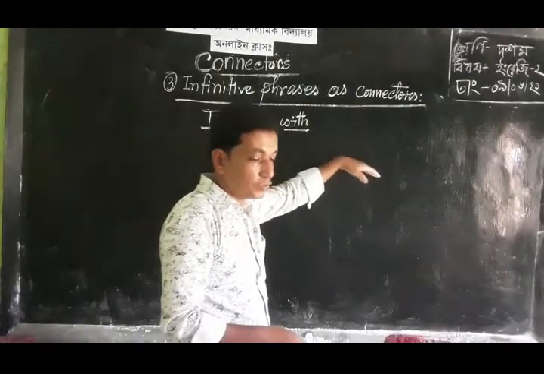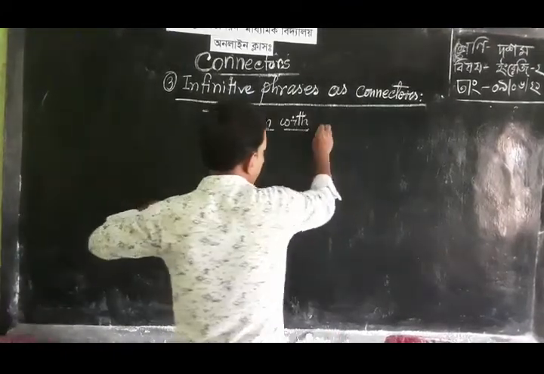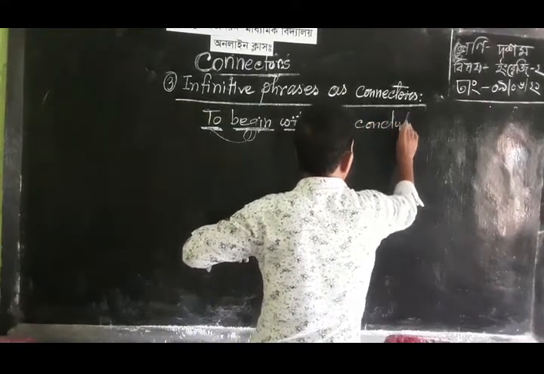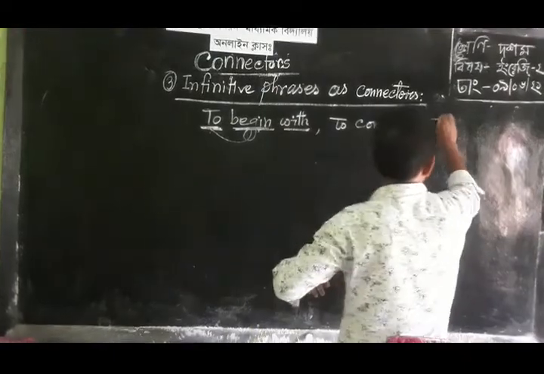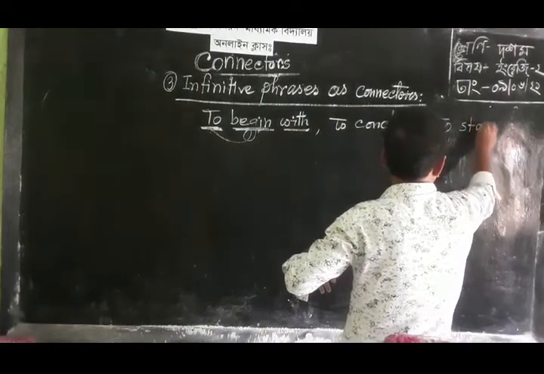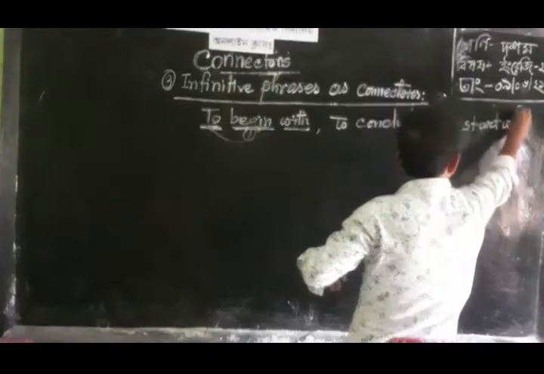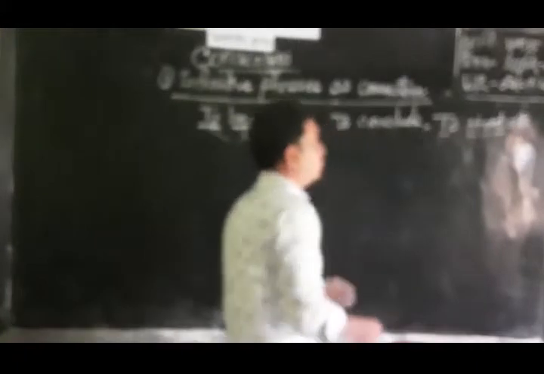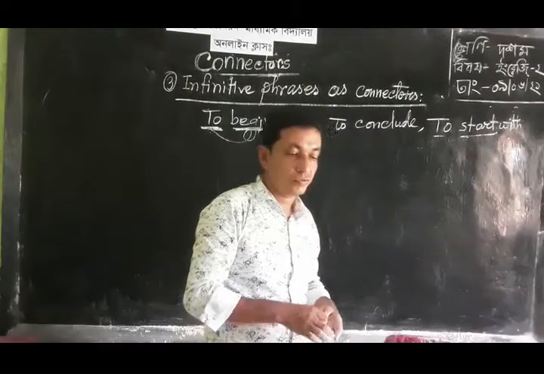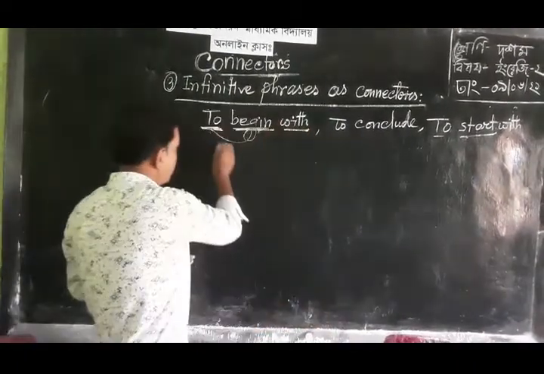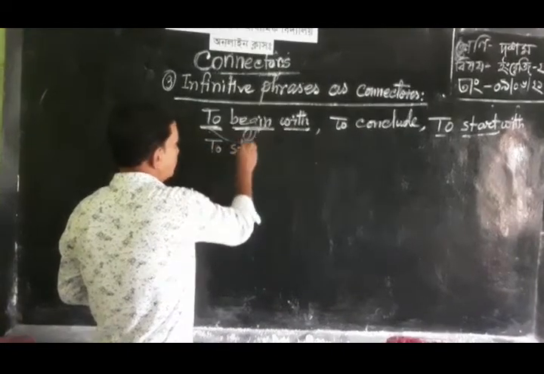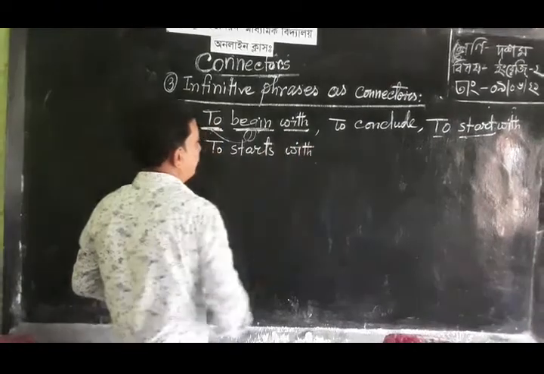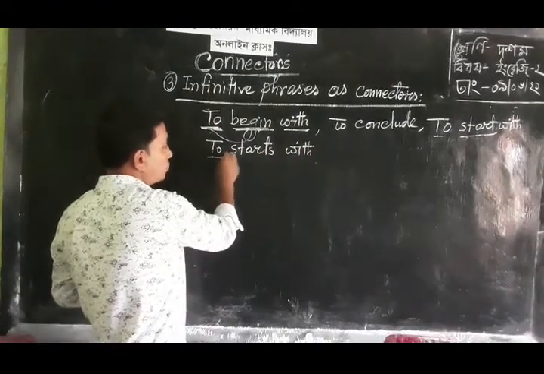And in this way, to conclude, it starts with to. To start with, this is also a phrase because it starts with to before the verb. So this is an infinitive phrase. There is another example, to start with, because the phrase begins with the preposition to before the verb.